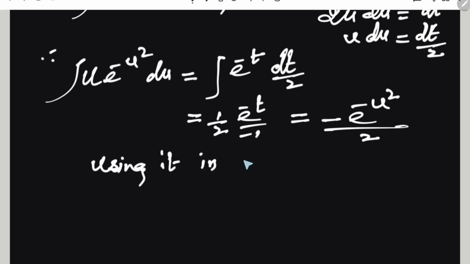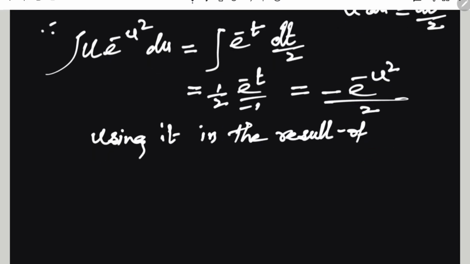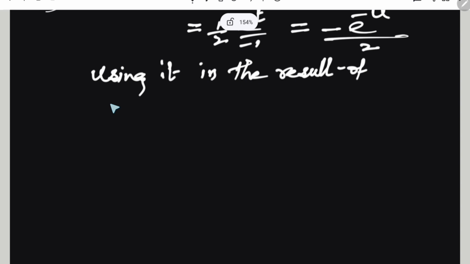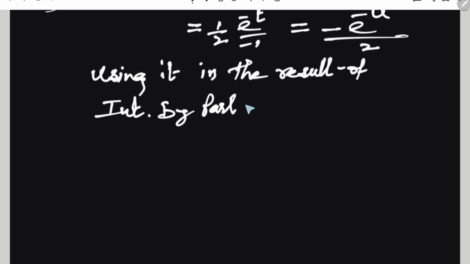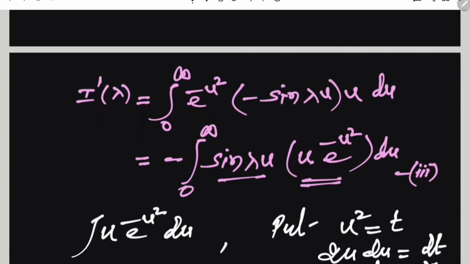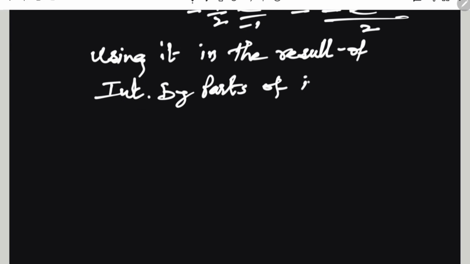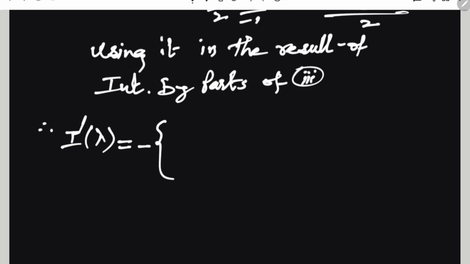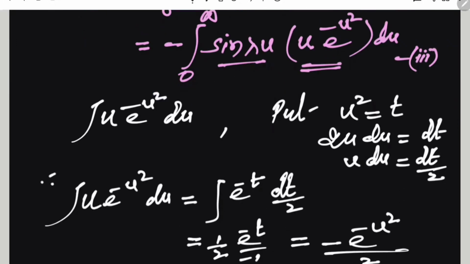Using this value in that integration by parts result, we get I dash of λ equals, in bracket, minus outside. First term sin λu as it is, no change.